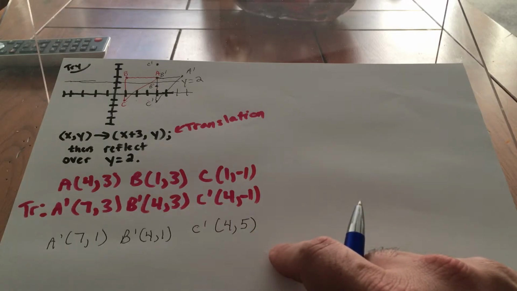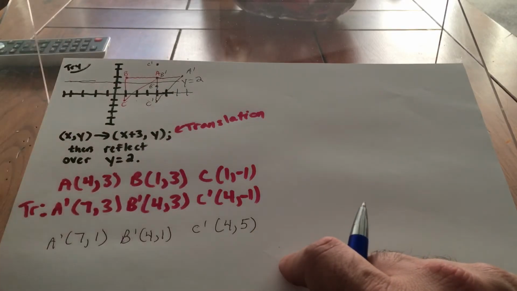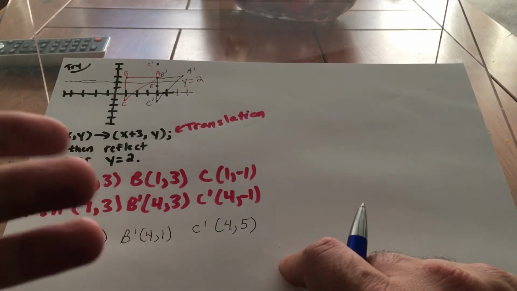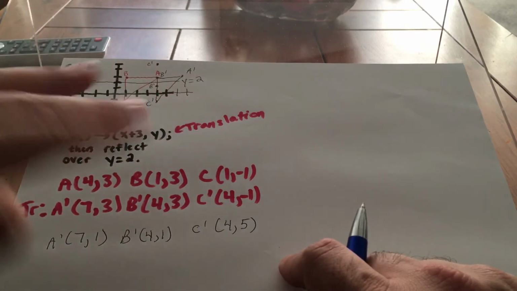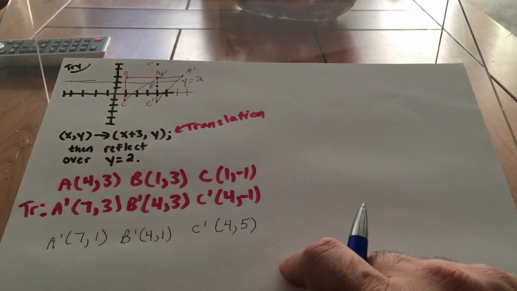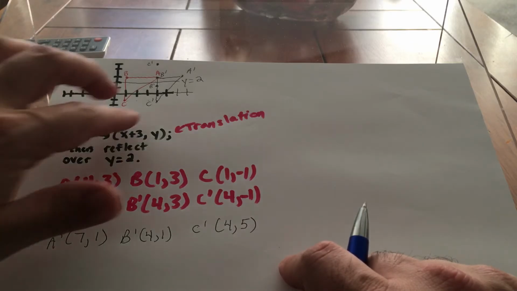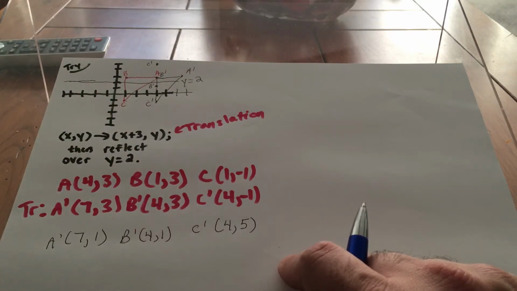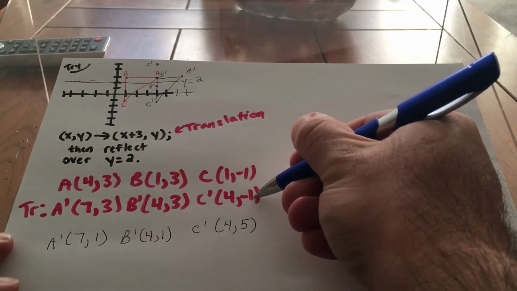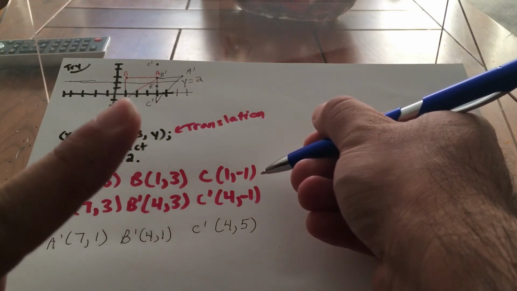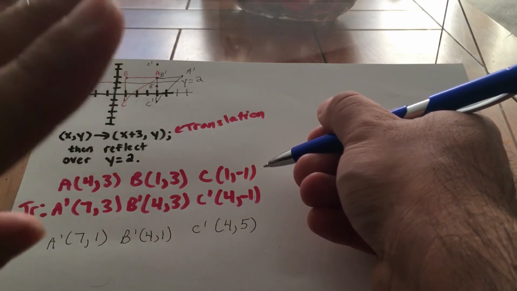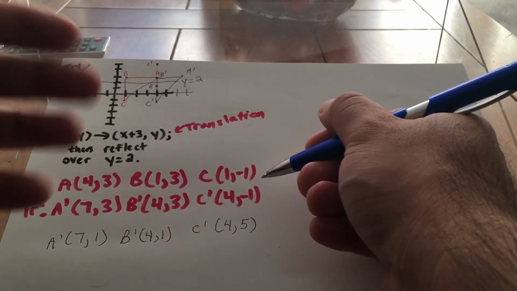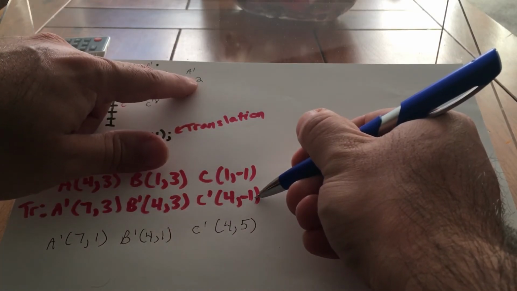So in a lot of ways, when you're reflecting about a line like y equal to 2, you basically need to draw the image on the graph and then count back to that line. The other thing you can notice is that since this is y equal to 2, to go from -1 to the x-axis would have been 1, and then you would have to count 2 more to get up to y equals 2. So you could do it without a graph if you think about how far -1 is from +2.